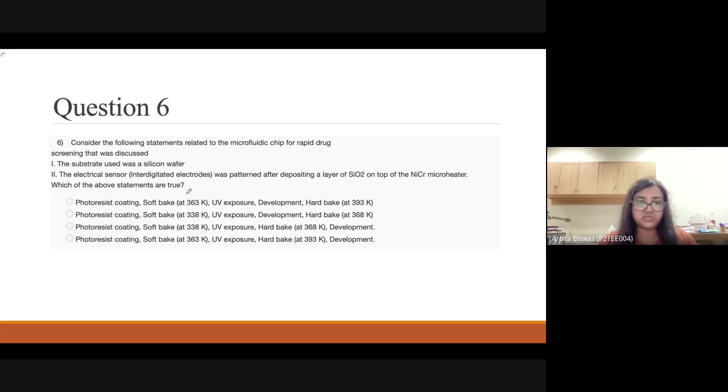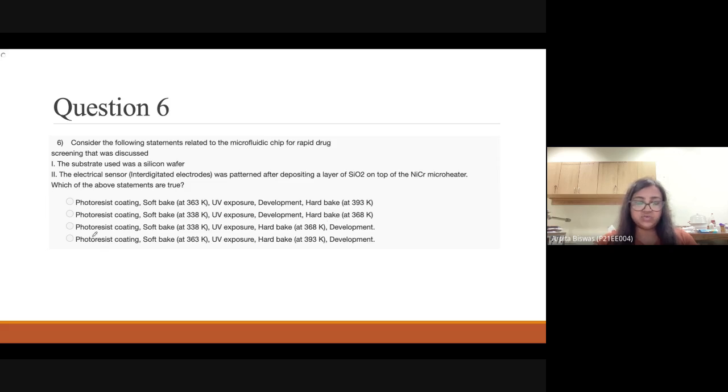First option is photoresist coating, then soft bake at 363 Kelvin, then UV exposure, then development, and next the hard bake at 393 Kelvin. The second option is photoresist coating, soft bake at 338 Kelvin, UV exposure, then development, hard bake at 368 Kelvin.